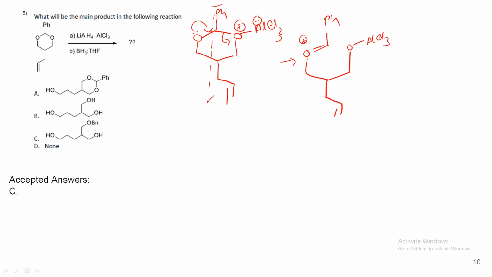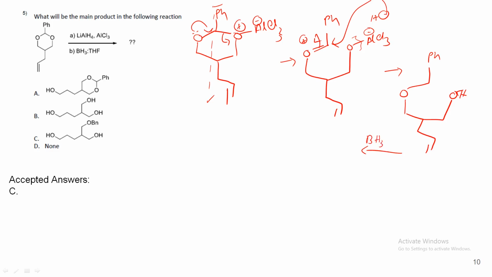Now LiAlH4 is a source of hydride. Hydride is donated like that, and this thing is generated. This kind of intermediate will not survive much in the reaction medium, so it should be generated. Now here we are doing BH3·THF.